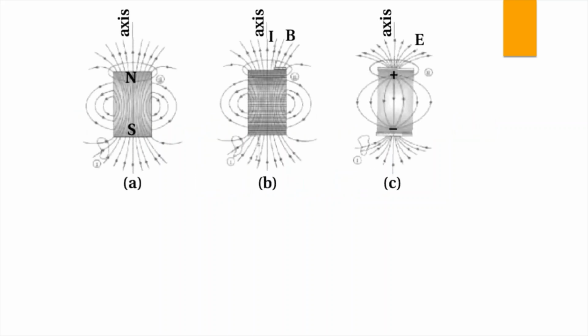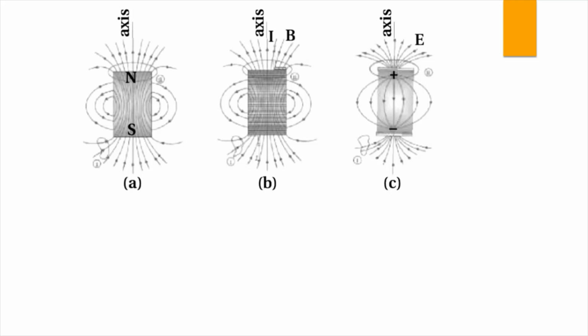as shown in the figure, let us consider figure A and figure B. Here figure A represents the bar magnet and figure B is for the solenoid. You can see that in figure A and figure B, the magnetic field lines are exactly similar to each other. So for a bar magnet as well as for the solenoid, magnetic field lines are identical.